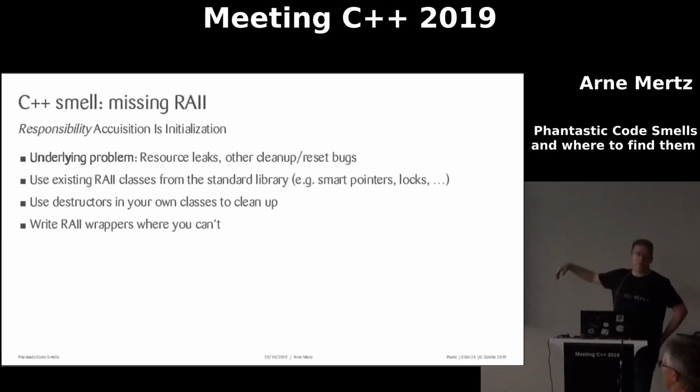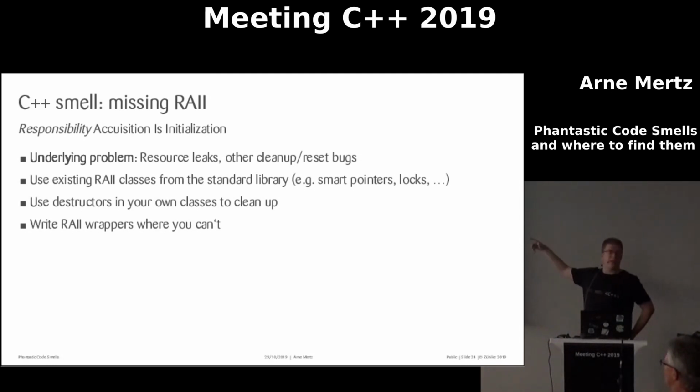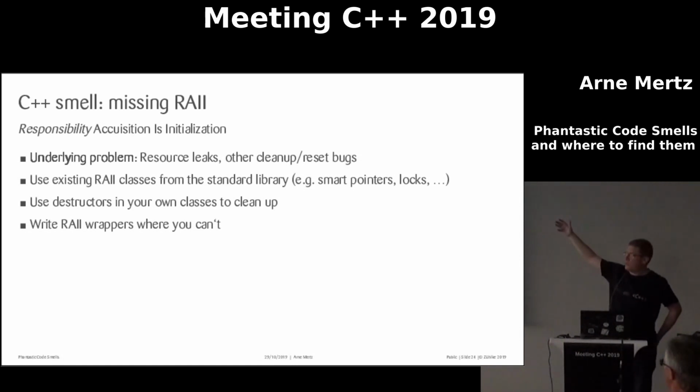So the problem when we see that there is no RAII in place is that we have cleanup code written manually, and usually if you have manual cleanup code, there probably are places where we have forgotten the cleanup.